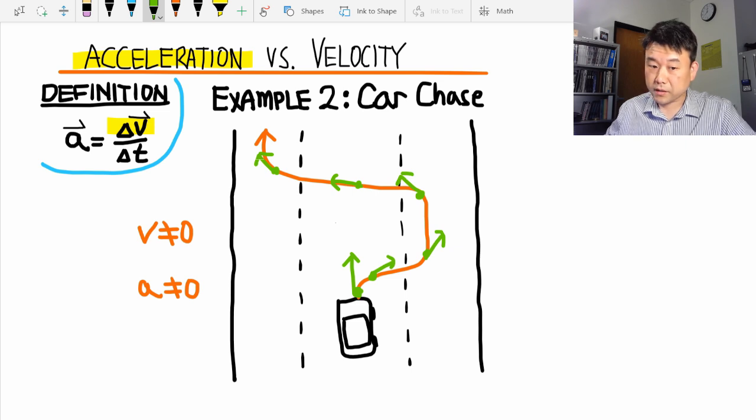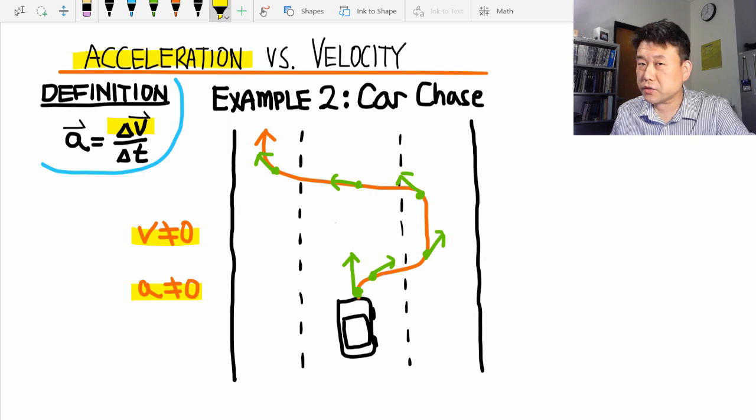So intuitively, we don't quite know whether to credit the velocity for our sensation of motion or credit acceleration for our sensation of motion. Now, I don't know how many of you have been to Universal Studio, or I guess there could be other theme parks that do this.